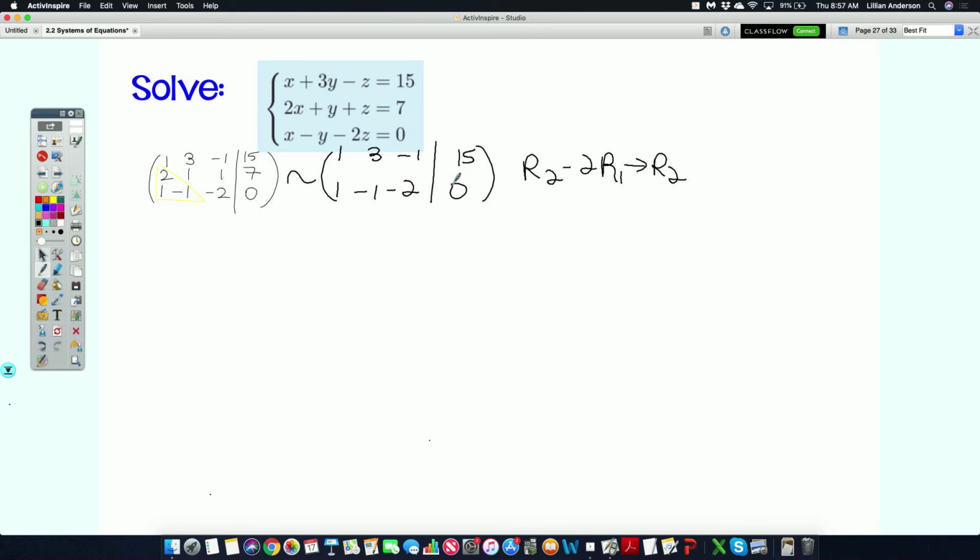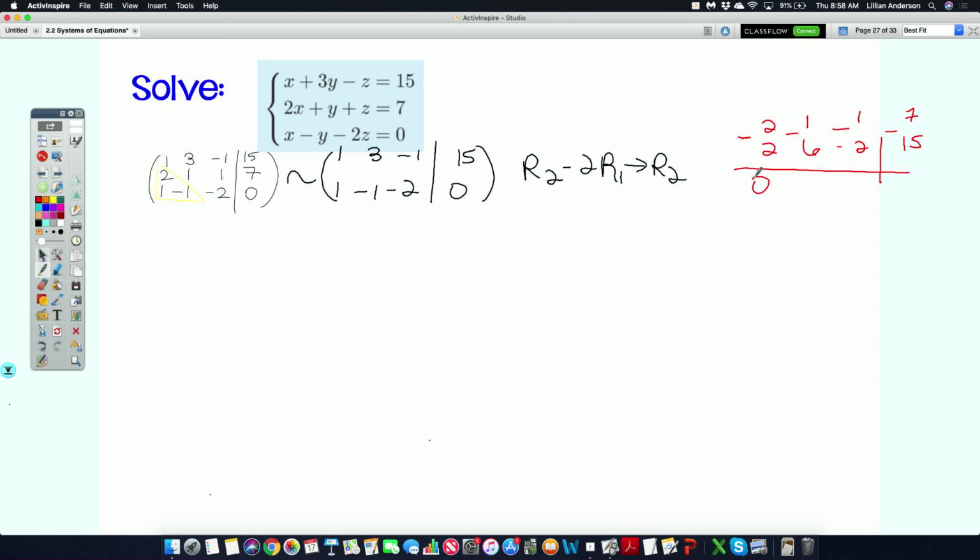So if I multiply my first row by 2, then that becomes 2, 6, negative 2, 15. And then I'm going to do my second row minus it. So 2 minus all this, 1 minus all this, 1 minus all this.